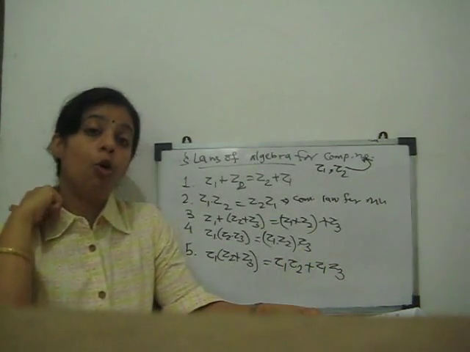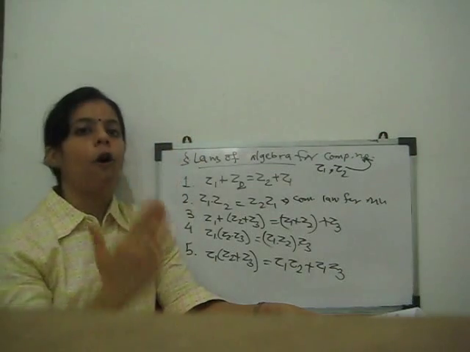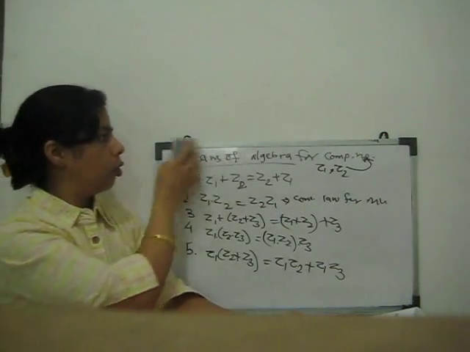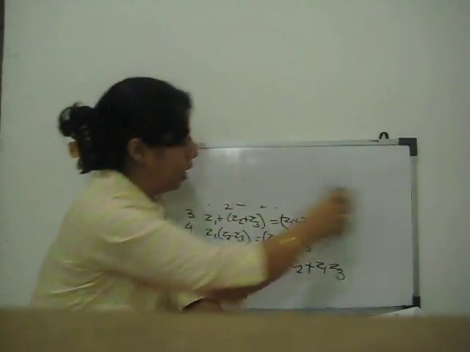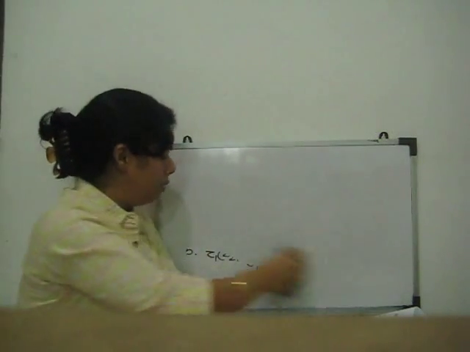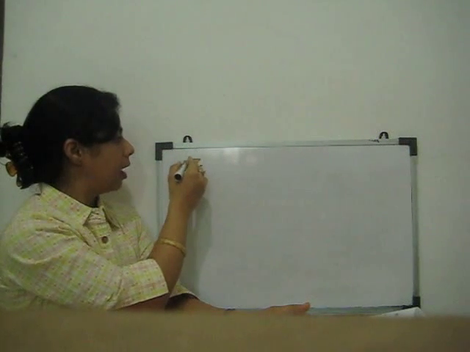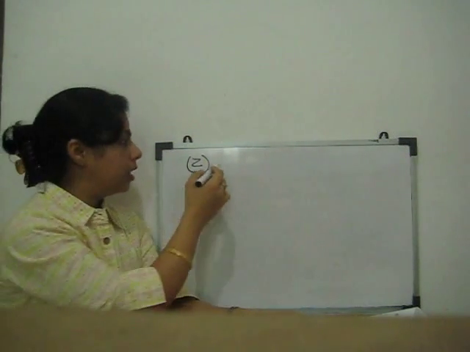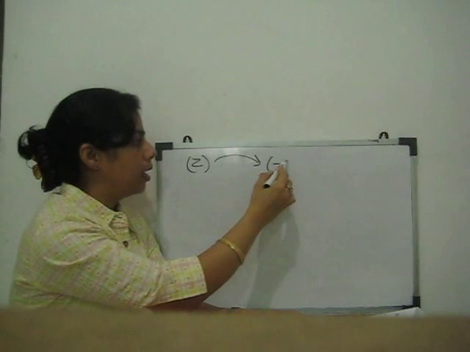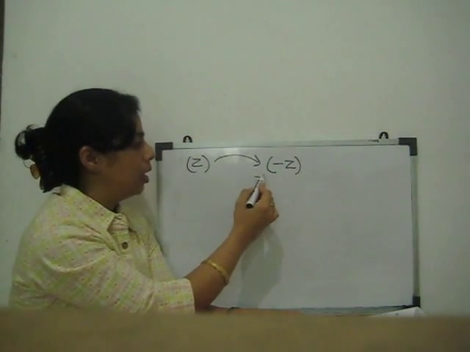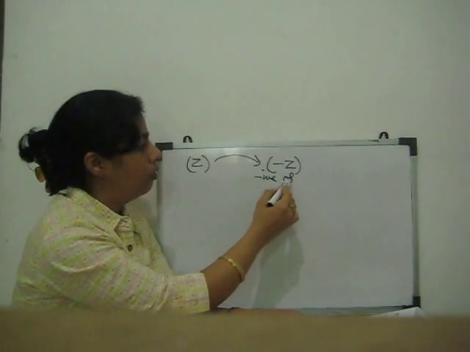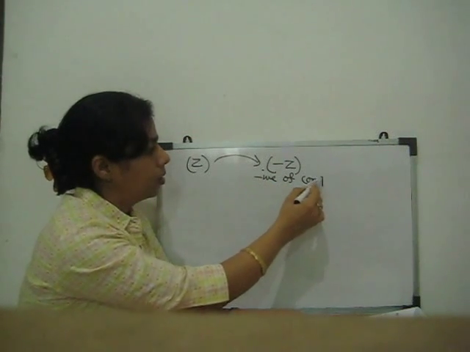Next, we go for the negative of any complex number. Then the inverse of a complex number. So first one is the negative. If z is any complex number, then its negative is minus z.